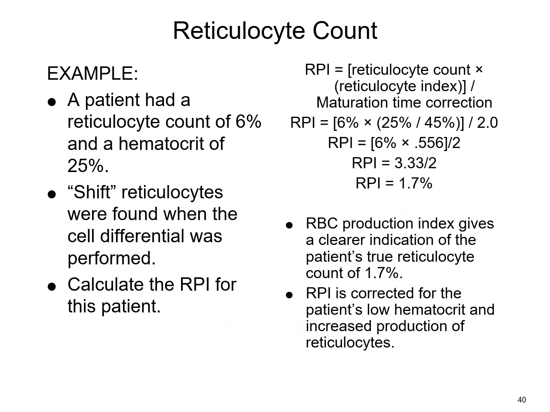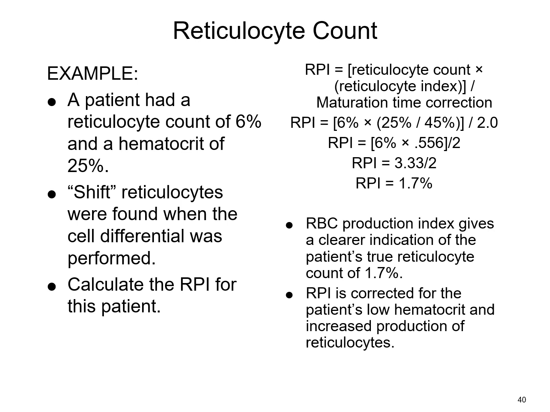However, if you had to do this, in this particular scenario the patient had a reticulocyte count of 6% with a hematocrit of 25. Shift reticulocytes were found when the cell differential was performed, so in other words, there was a lot of polychromasia going on. Then you calculate the RPI for this patient. You take the 6% times the 25% hematocrit divided by the normal, and then the maturation time, which is based off the hematocrit.